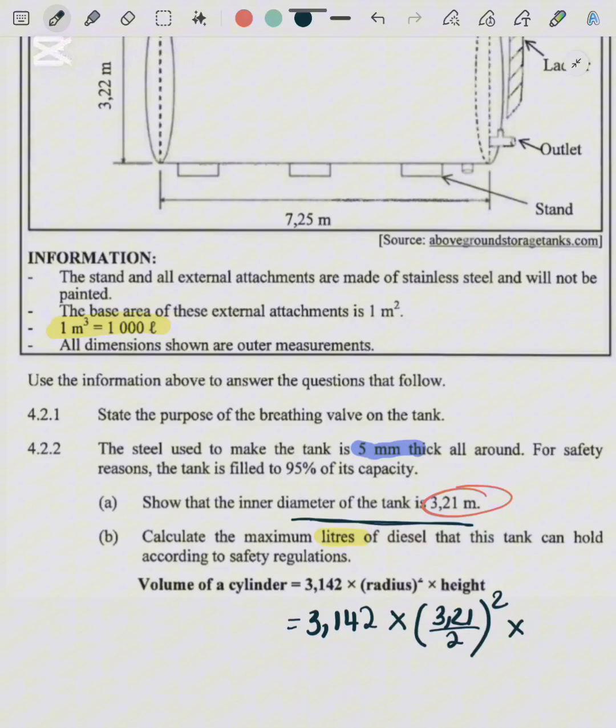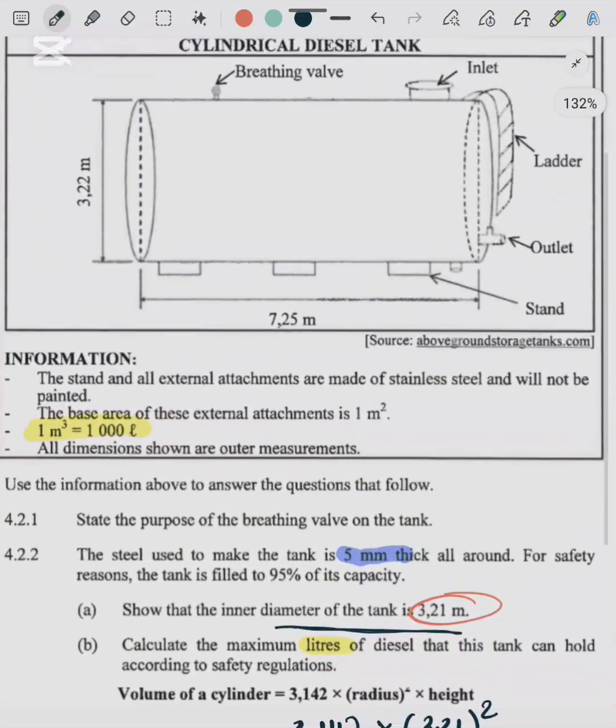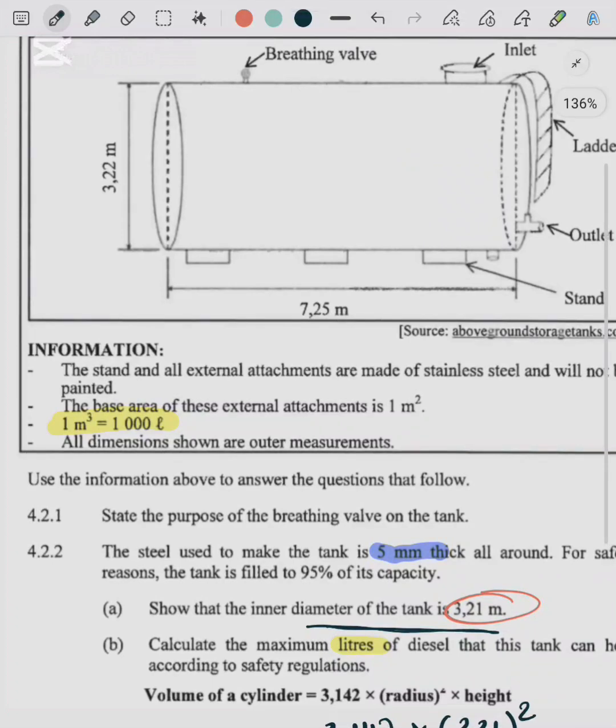The height is the next thing that we need. And in this case, when we're looking at this diagram, height is not technically height, because the cylinder is on its side. Height has to do with this long length going across here. But we again have a problem because these measurements are our outer measurements. We need our inner measurements because we're talking about how much liquid can fit into the tank.